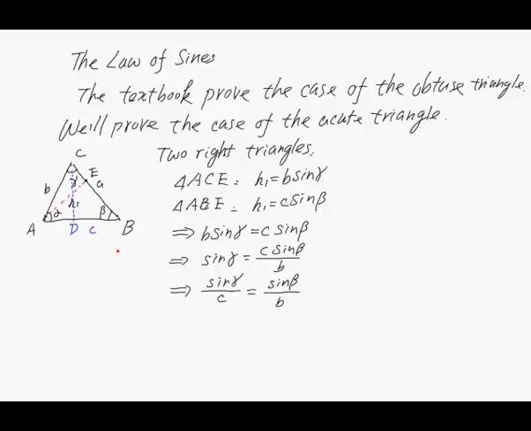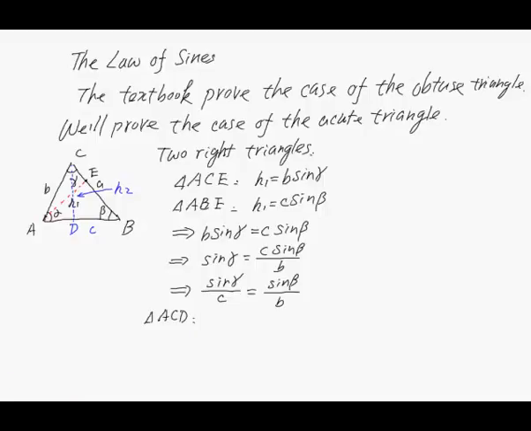Okay. So now, in the right triangle ACD, suppose the length of this altitude CD is H2. Okay, let me use H2 for the length of this altitude CD.